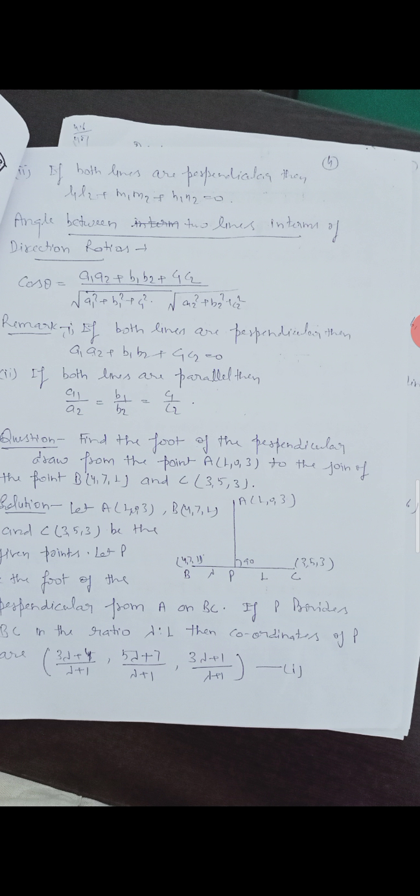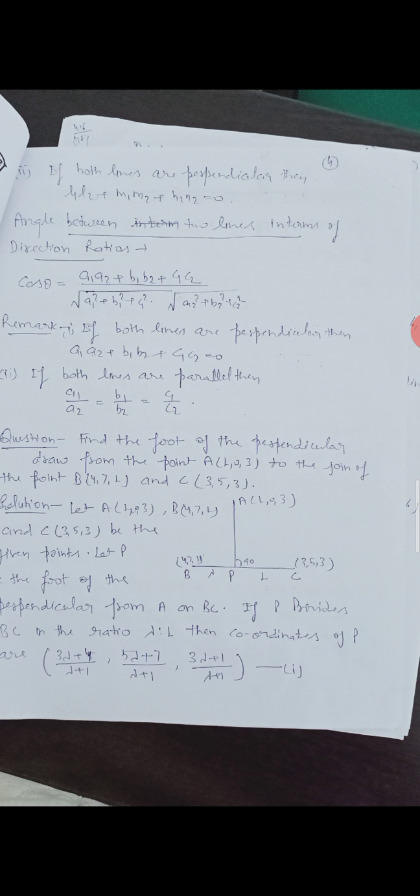And the direction ratios of BC are 3 minus 4, 5 minus 7, 3 minus 1, that is 1, 2, minus 2. But AP is perpendicular to BC, so a1 a2 plus b1 b2 plus c1 c2 is equal to 0. Now put the values, where a1, b1, c1 are the direction ratios of AP and a2, b2, c2 are the direction ratios of BC.